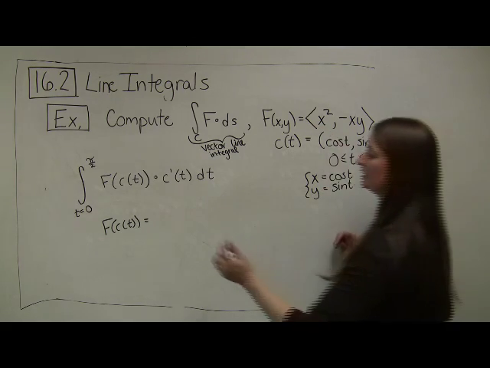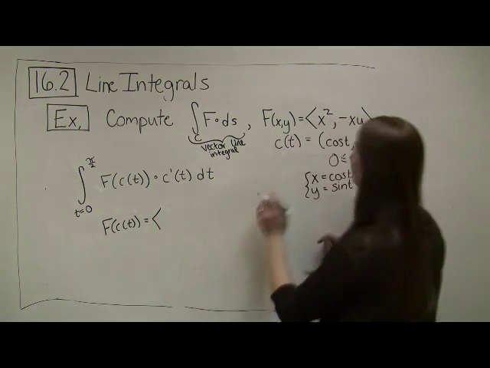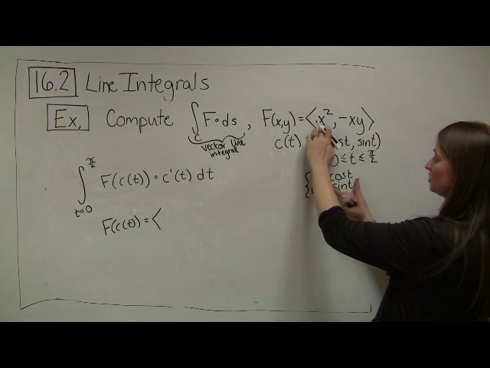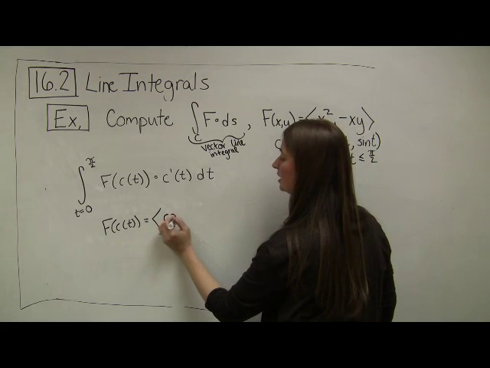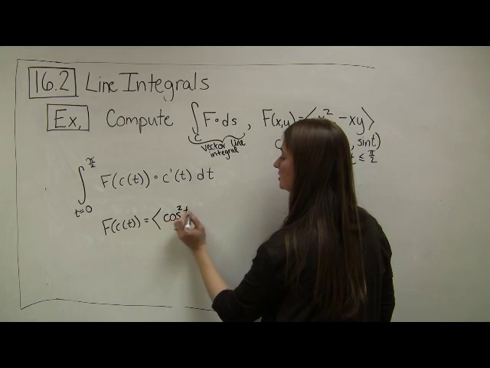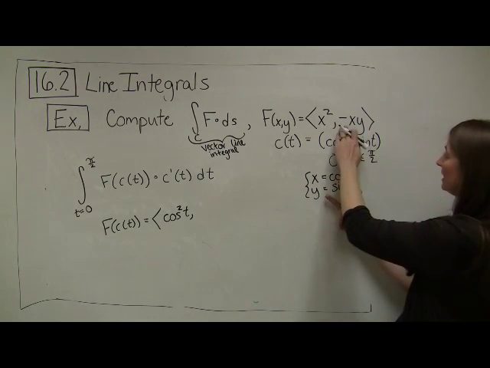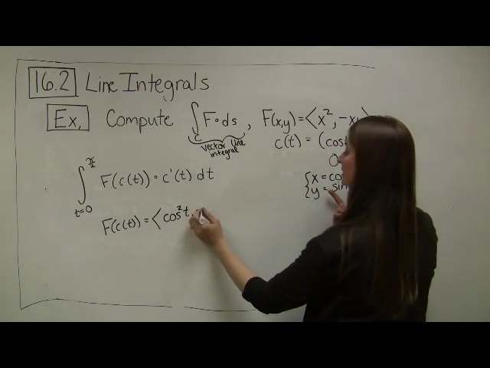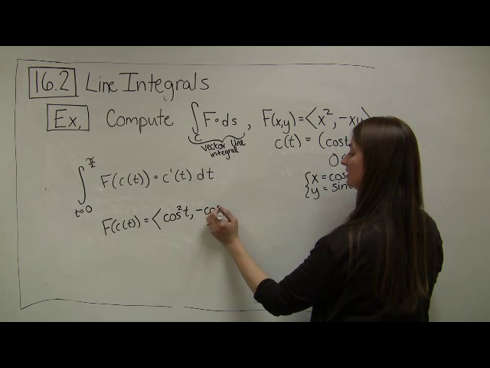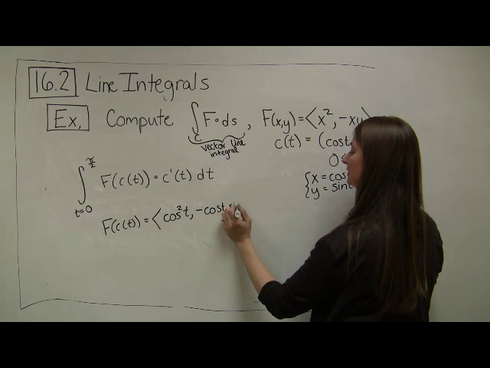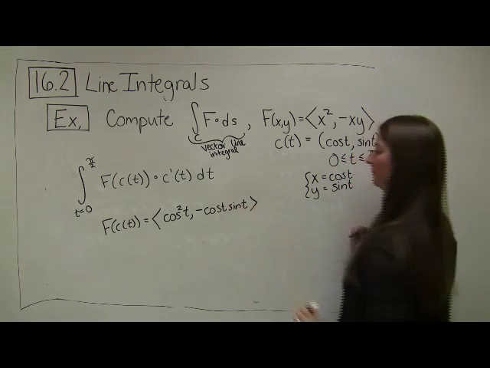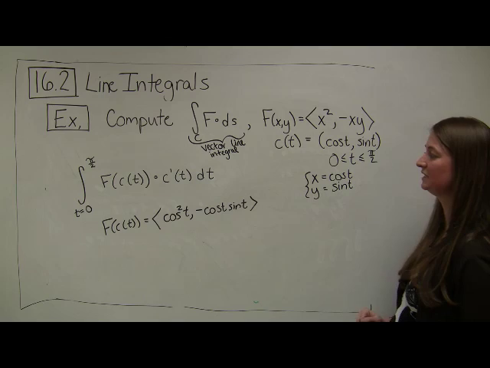So in this case, F of c of t is equal to my x component squared, which is the cosine of t squared, and then my y component is going to be negative cosine t sine t. That's my F of c of t chunk.